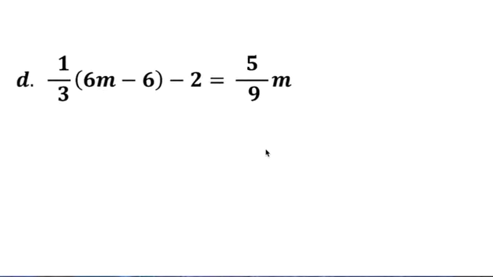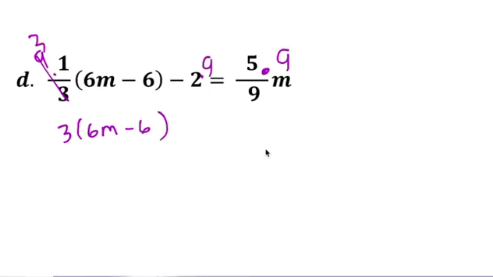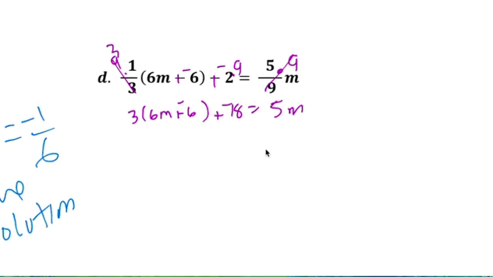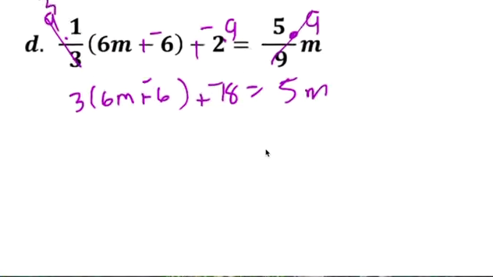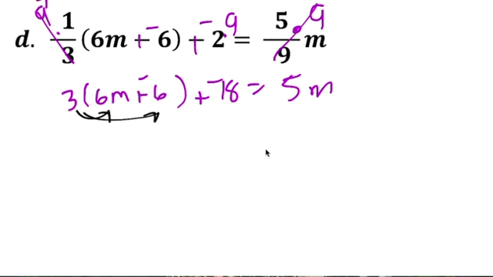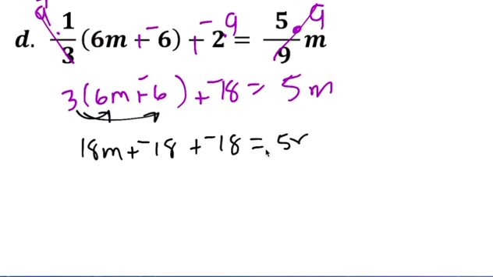Least common denominator is 9. Three parentheses 6m. Additive inverse. Okay, distribute. 18m plus -18 plus -18 equals 5m.